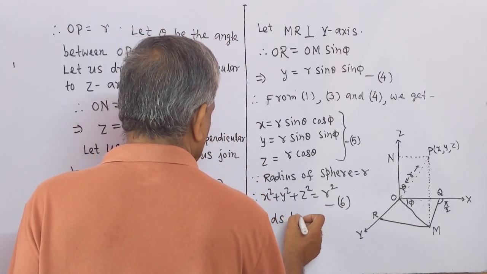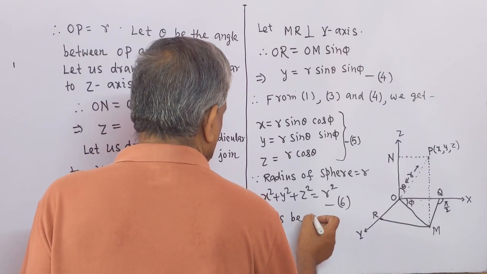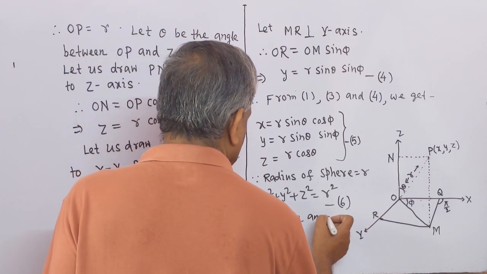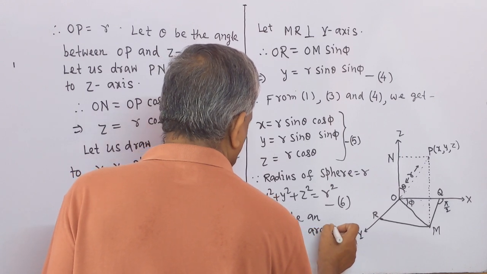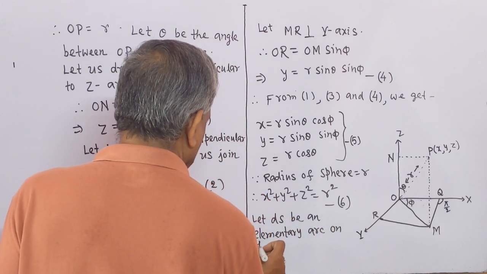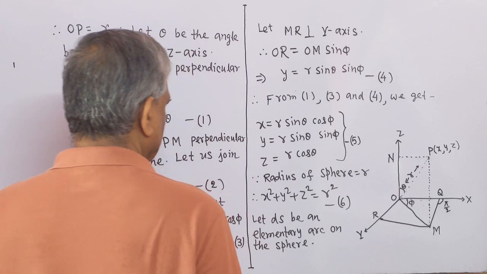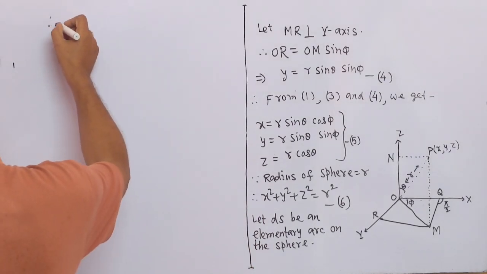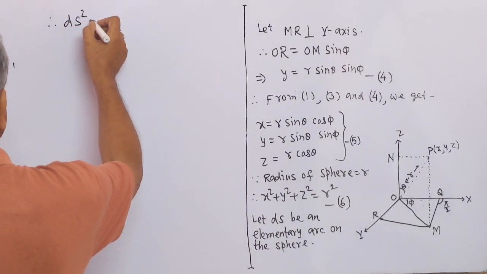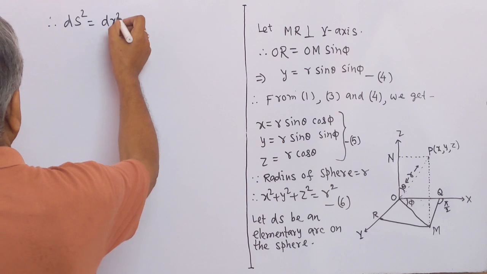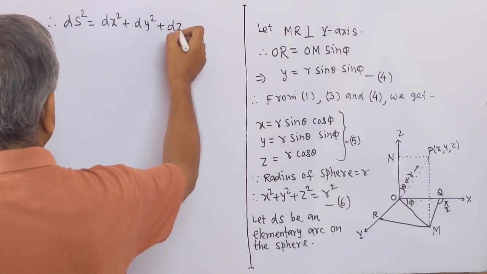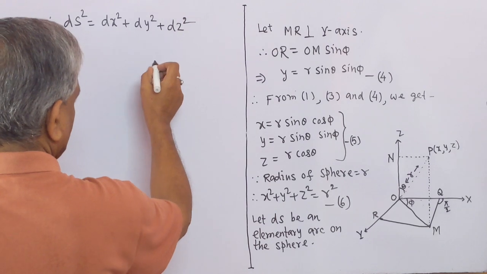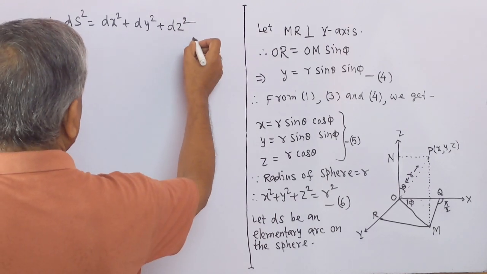Let ds be an elementary arc on the sphere. Therefore, ds square equal to dx square plus dy square plus dz square. Let this be number 7.